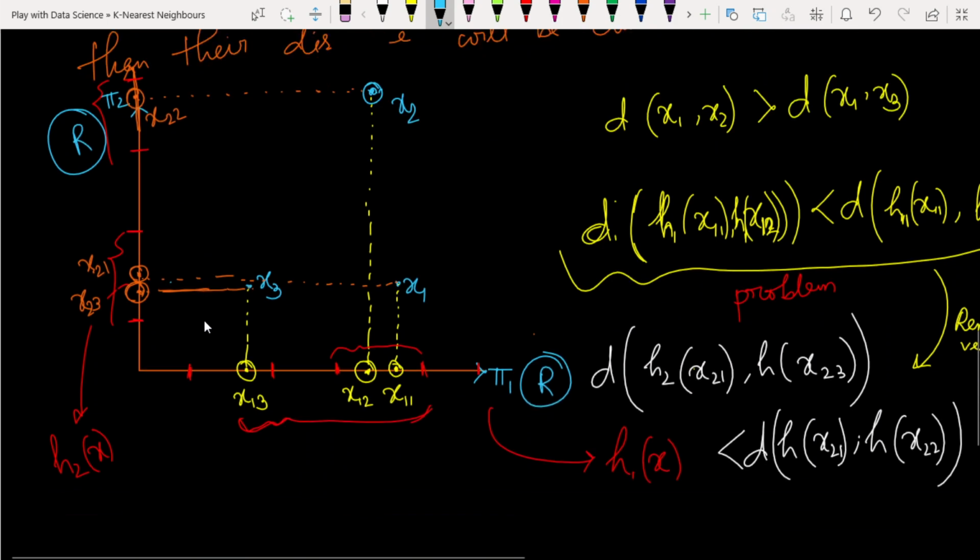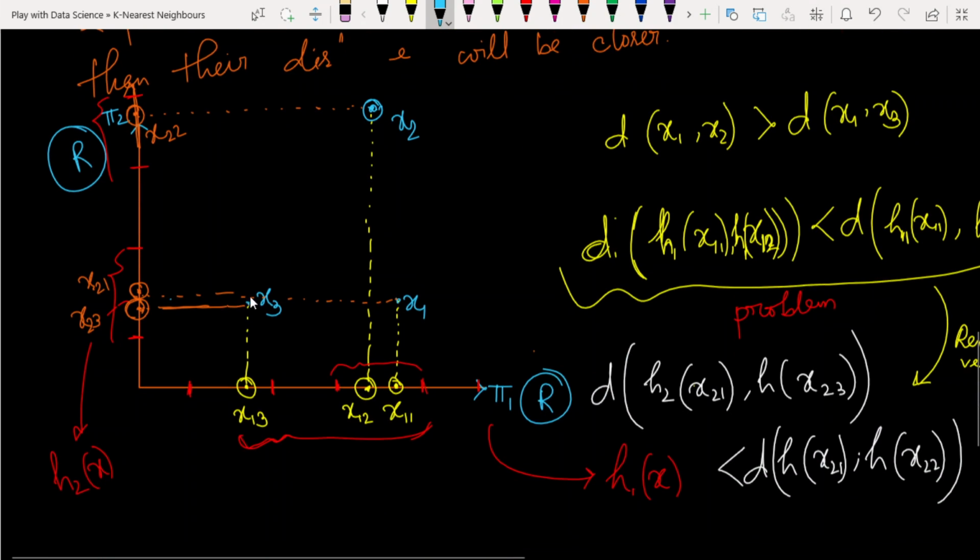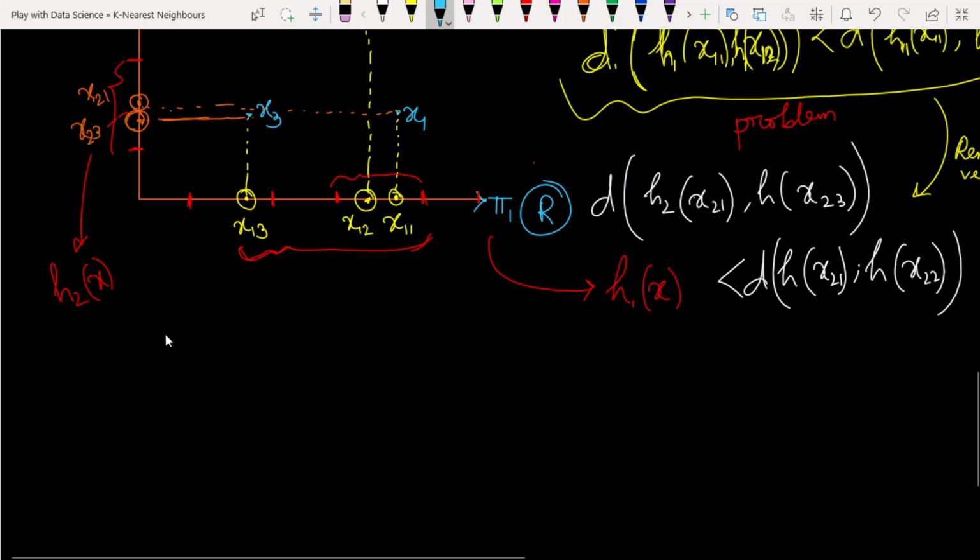Because here I am taking a randomly chosen plane, LSH does not always give the perfect answer.